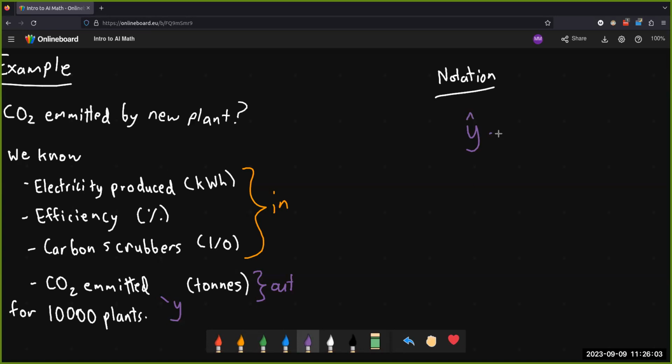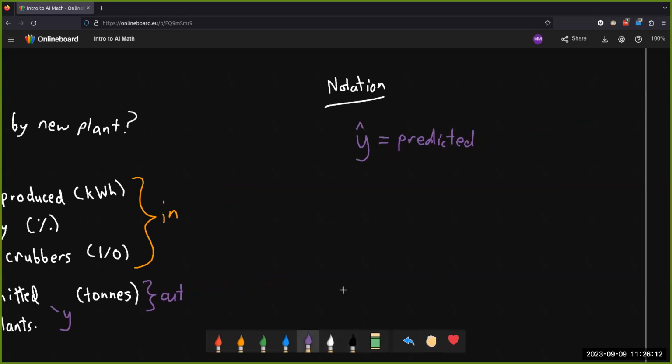It could be that the predicted CO2 is very off. But luckily, we know what the actual CO2 levels are. So without this little arrow on top, that's the known CO2 for these plants. We know how much they emit. The version with the arrow is read as y hat. This symbol is called a caret, but I'm just going to say y hat from now on.